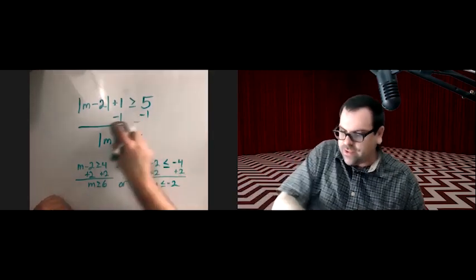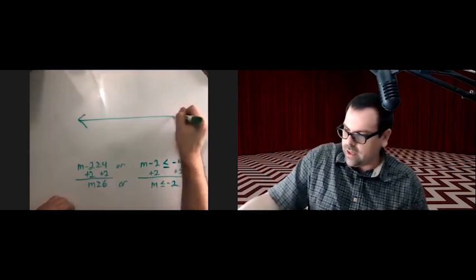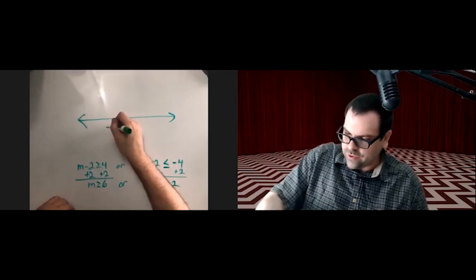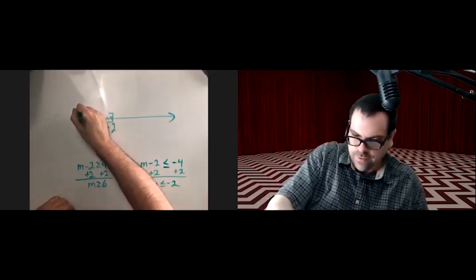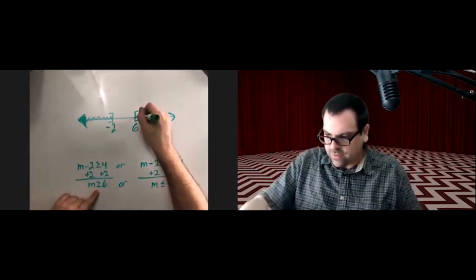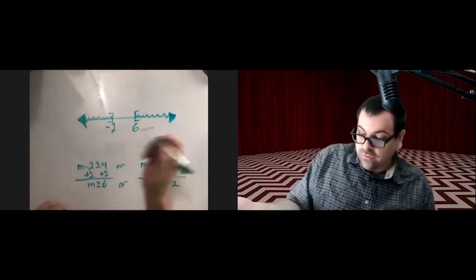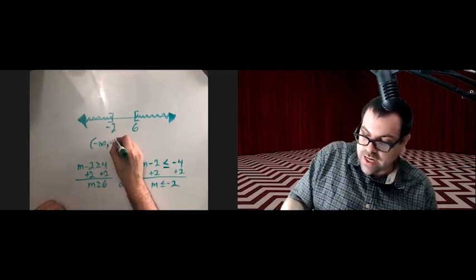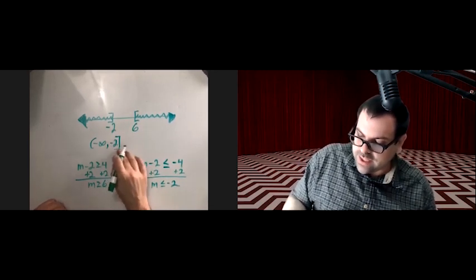How do we graph this? On a number line, we have less than or equal to negative 2. We have a 6, and we are greater than or equal to that. In interval notation, negative infinity to negative 2, square bracket, because of that or equal to.